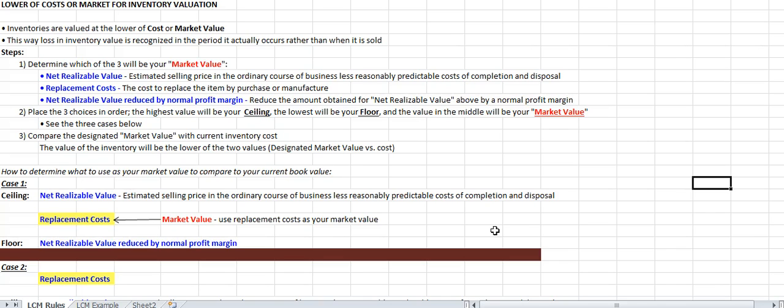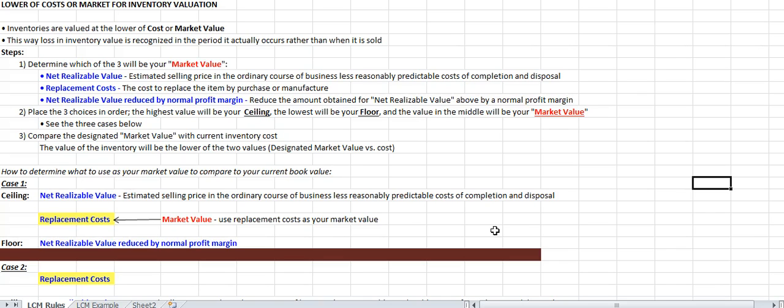And if the value has changed, and if the current market value is lower than the original cost, the one that you have in the books, then you're going to go ahead and revalue your inventory down. Following the principle of conservatism in accounting, we are never going to increase the value of inventory.